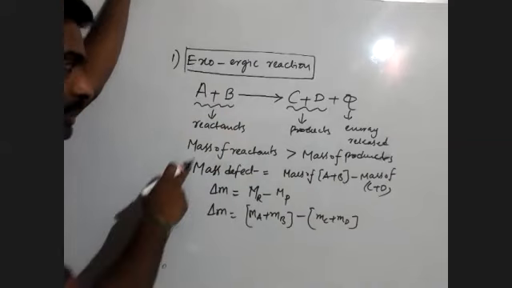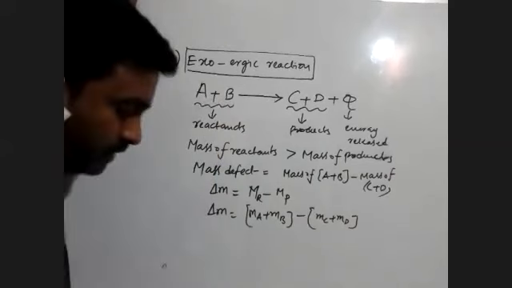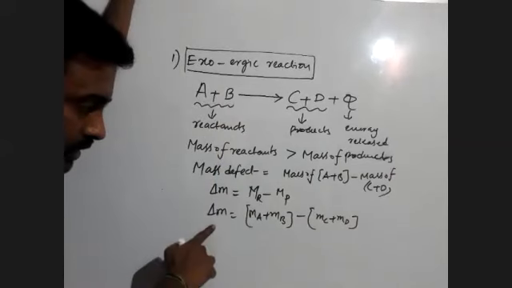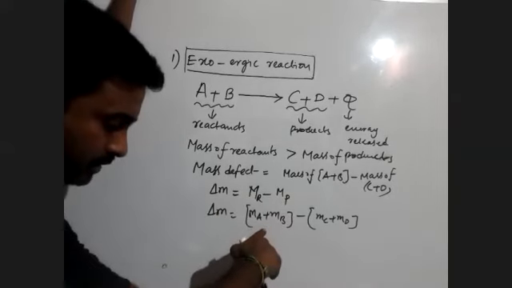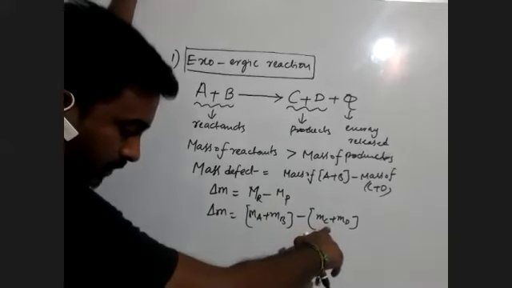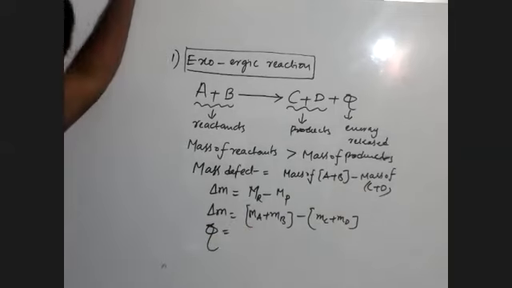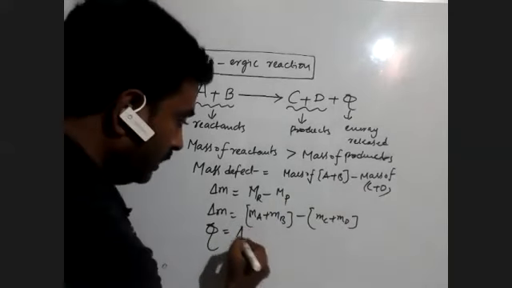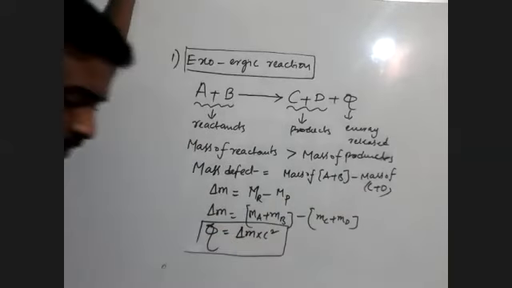So what is the condition for an exoergic reaction? The mass of reactants must be greater than the mass of products. The delta M is equal to the mass of reactants minus the mass of products, that is MA plus MB minus MC plus MD. So the energy released, Q, is equal to delta M into c squared.